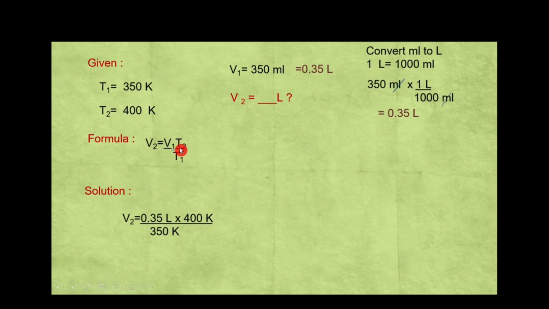And then final temperature 400 Kelvin. Initial temperature 350 Kelvin. So you just have to cancel the same unit, then multiply 0.35 times 400 divided by 350 Kelvin. And the final answer is 0.40 liters. Did you get the same answer? Very good.